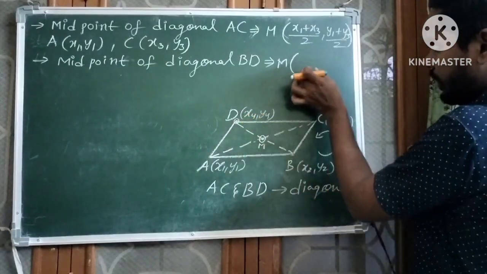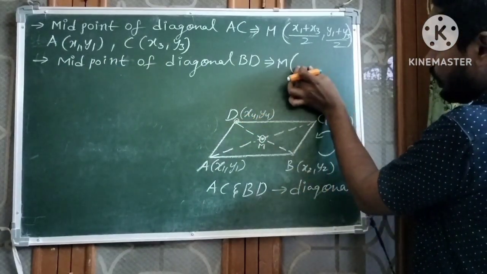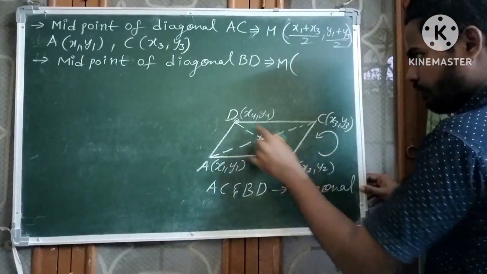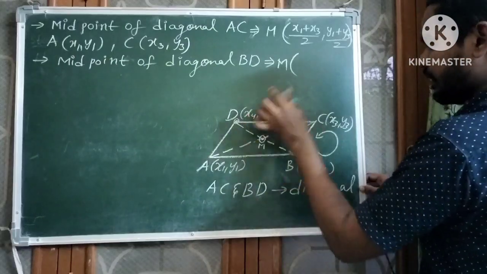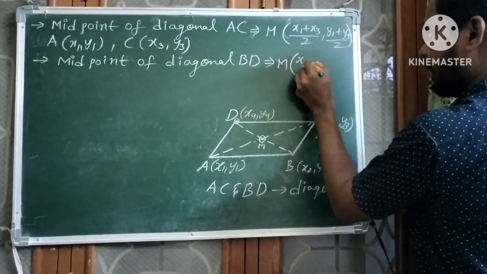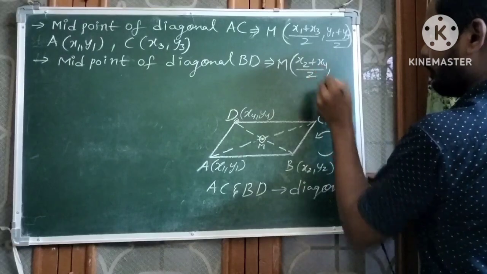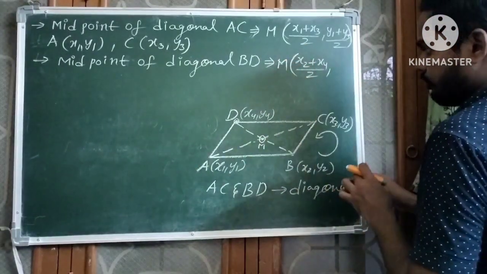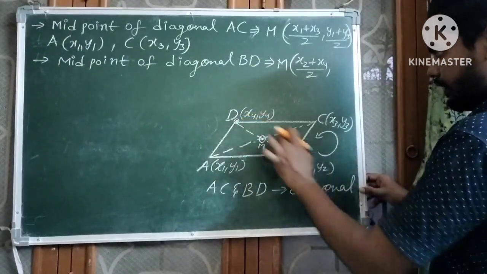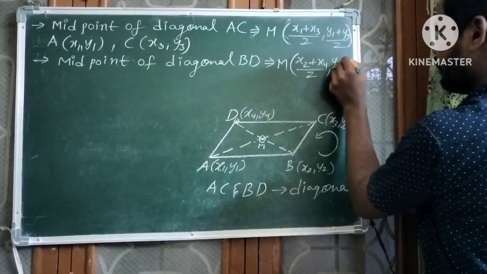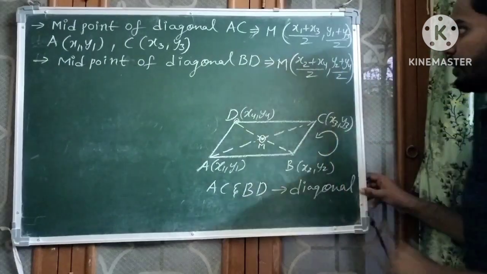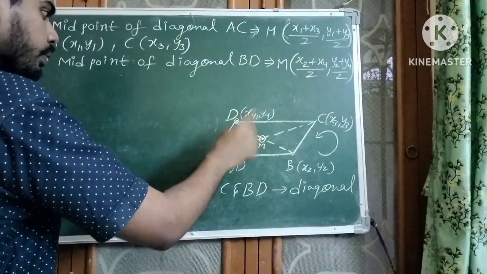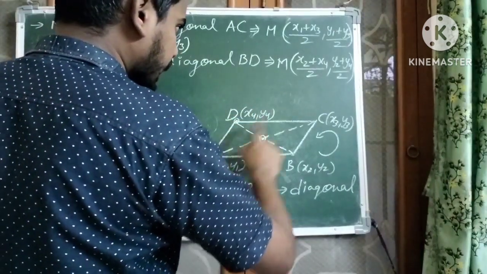To get x coordinate of midpoint M, take average of x coordinates. So x2 plus x4 by 2, comma. Similarly, to get y coordinate of this midpoint, take average of y coordinates, y2 plus y4 by 2. But here M is common midpoint of diagonals AC and BD.